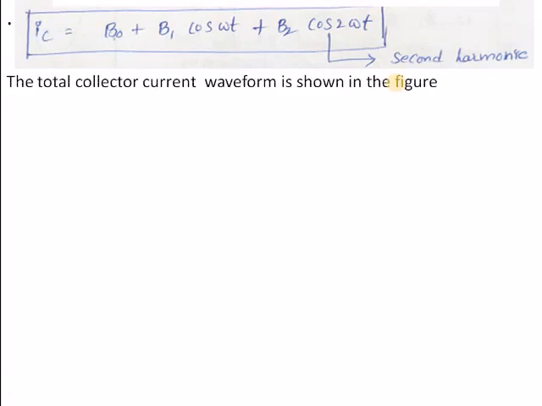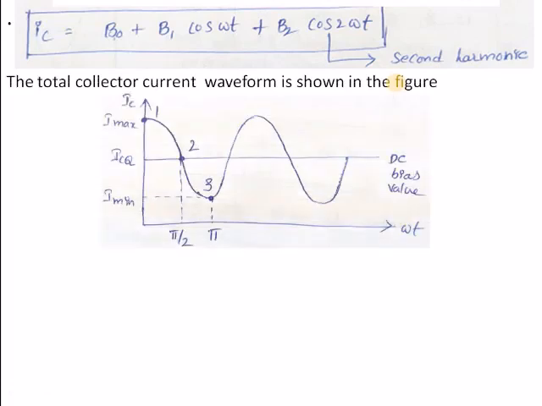The total collector current waveform is shown in the figure. So this is a cosine wave, and it can be analyzed using 3 points. The 3 points are 0, 90 degrees and 180 degrees.